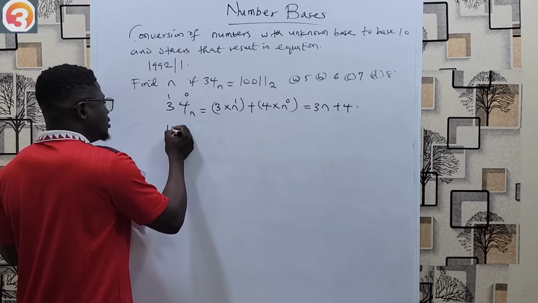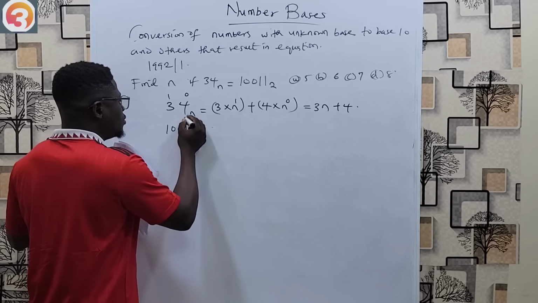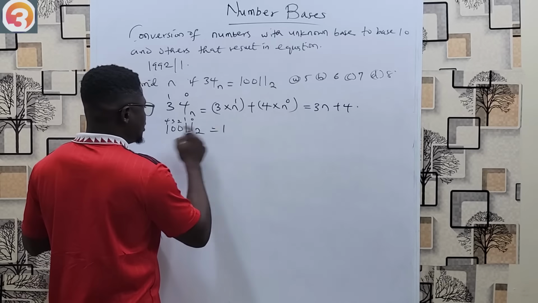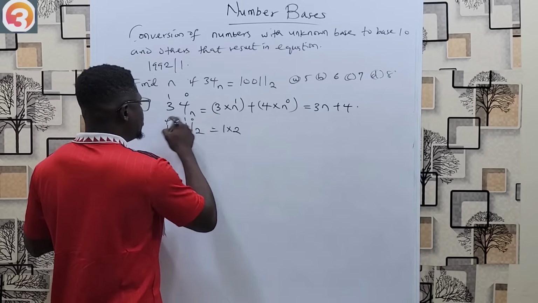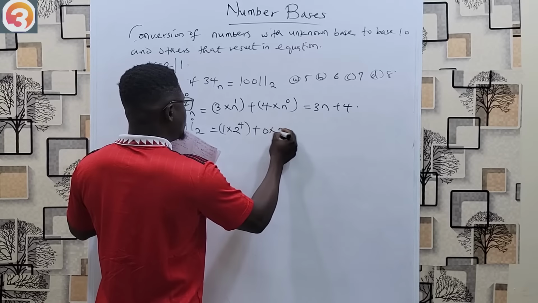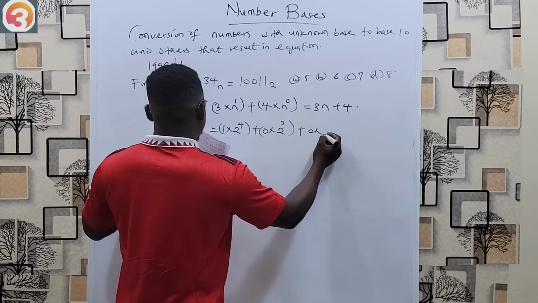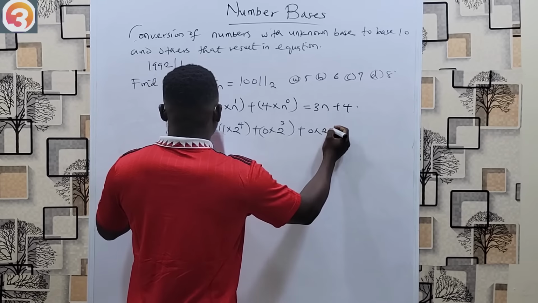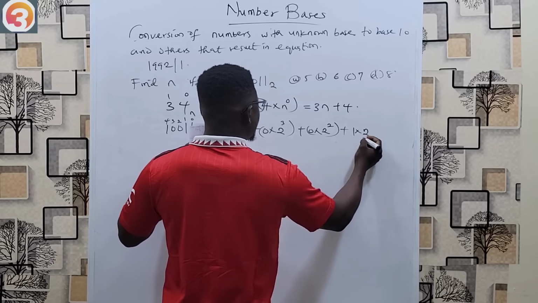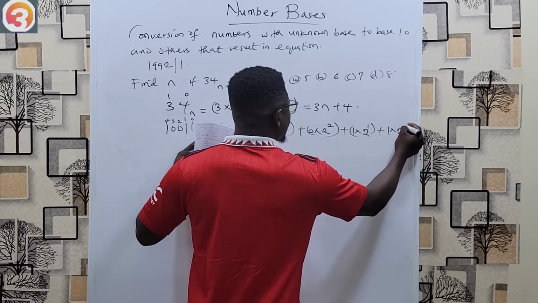So let's do this 10011 base 2. So this is position 0, 1, 2, 3, 4. So now I take 1 times 2 raised to power 4, 0 times 2 raised to power 3, then plus 0 times 2 raised to power 2, plus 1 times 2 raised to power 1, plus 1 times 2 raised to power 0.